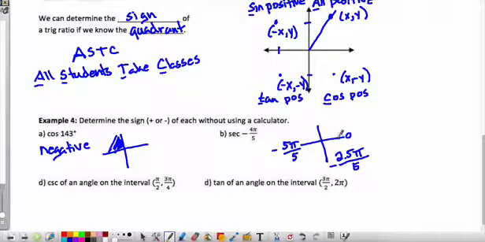So as we go from 0 in the negative direction, we're going to be in this quadrant right here. And secant, well, secant is just the reciprocal of cosine. And since cosine is negative in this quadrant, the answer to this one is going to be negative.